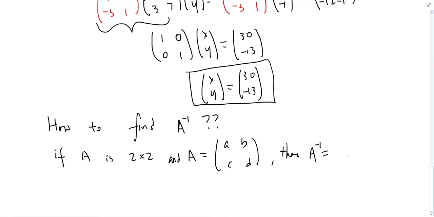A inverse will equal 1 over ad minus bc, times d, negative b, negative c, a. So that's the formula for finding a 2 by 2 inverse. So very simple. A strict, simple formula that allows you to actually find the inverse.